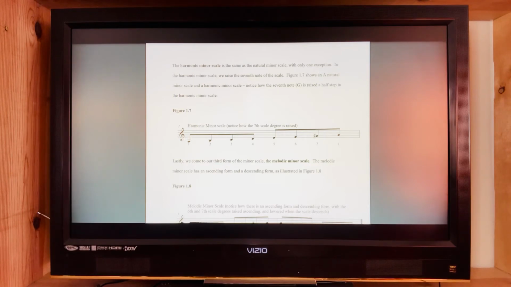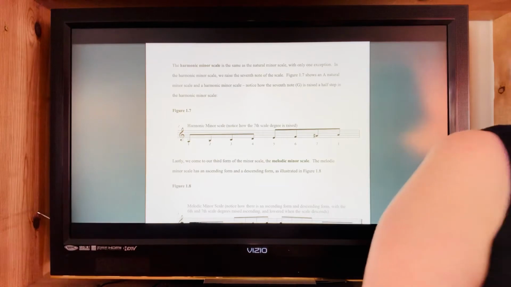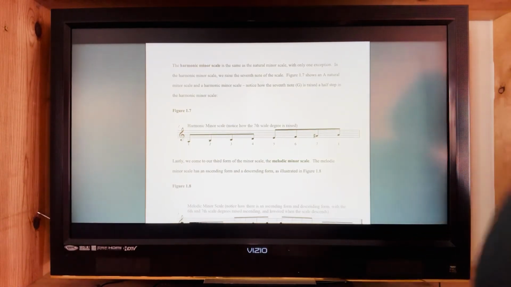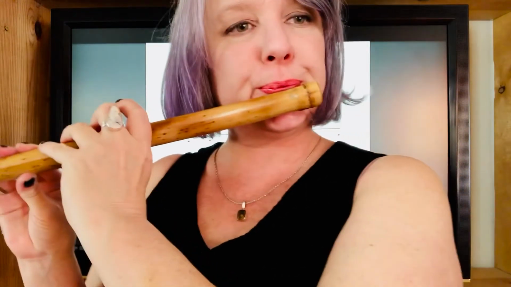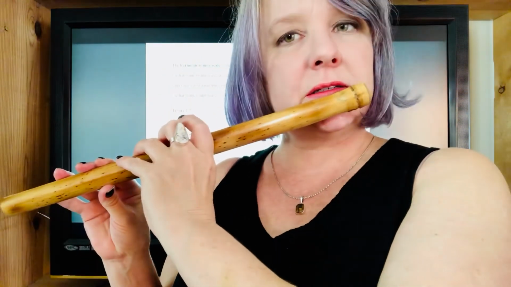So if we went down to A, we would have played all the notes that we would find in C, but when you get to 7, 8, raise that top note. Let's see if I can do that. I'll find, here's the top, and go down to 6.